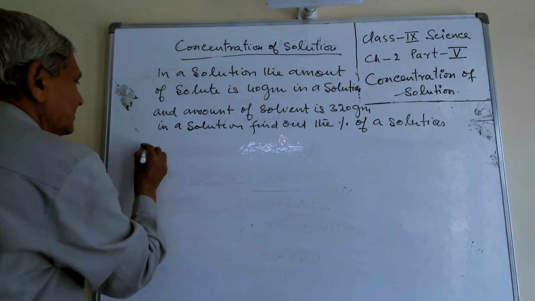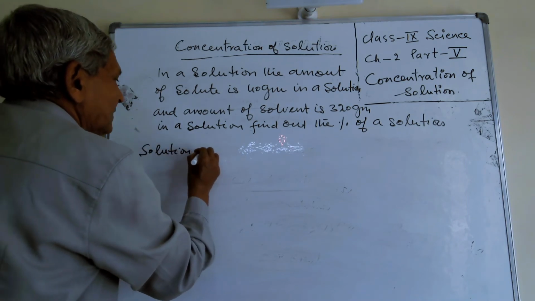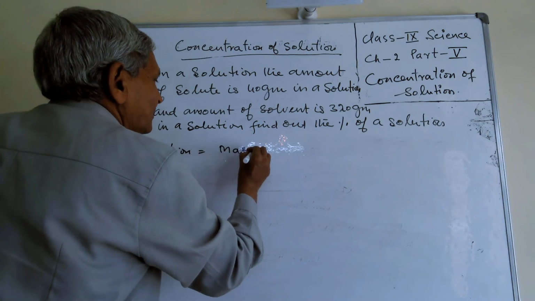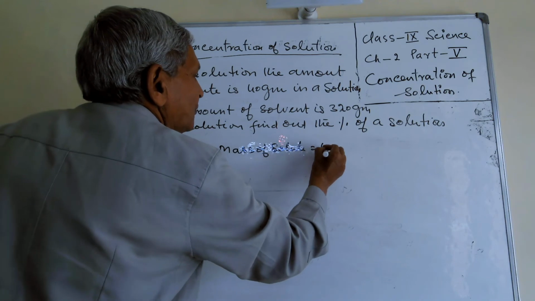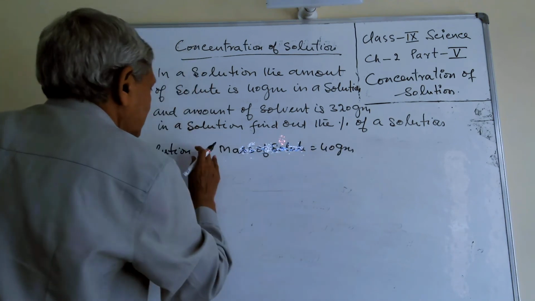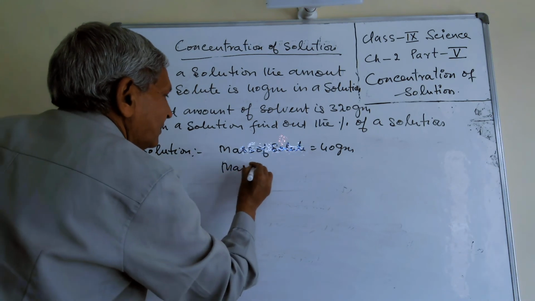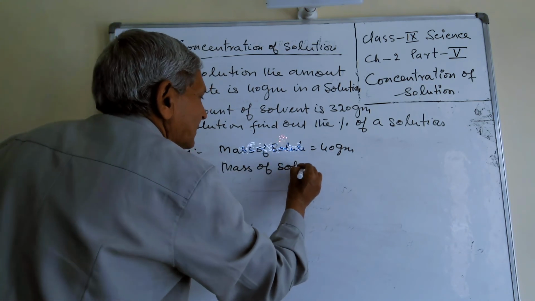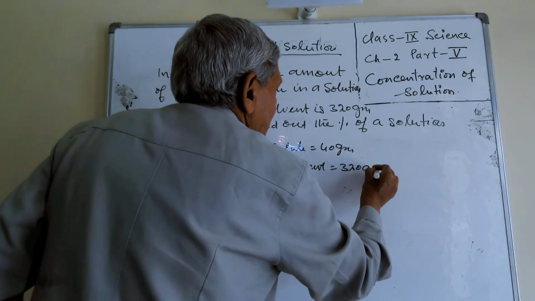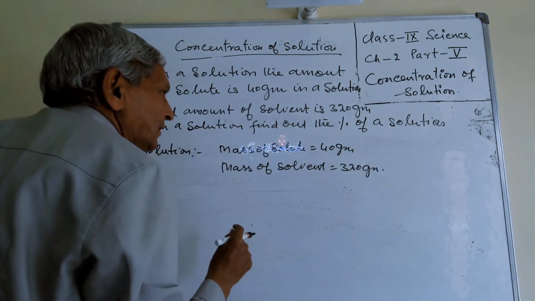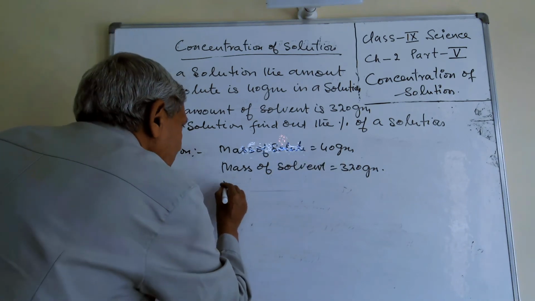Write down here, solution. Mass of solute is equal to 40 gram. Mass of solvent is equal to 32 gram. But we have to use the mass of solution.